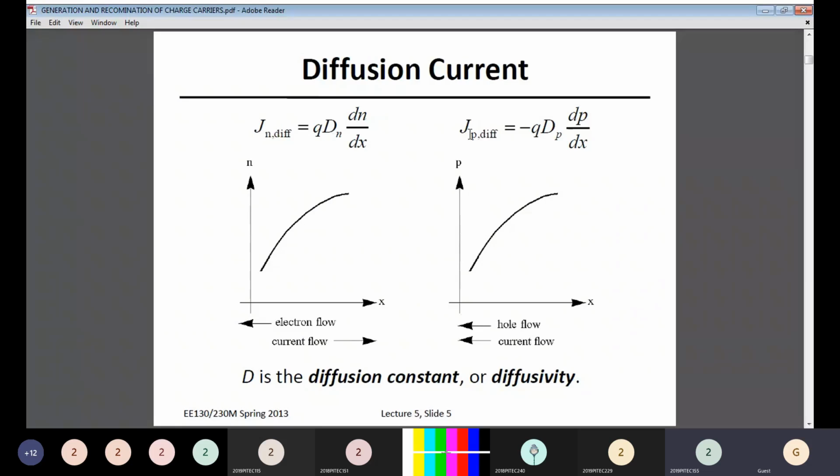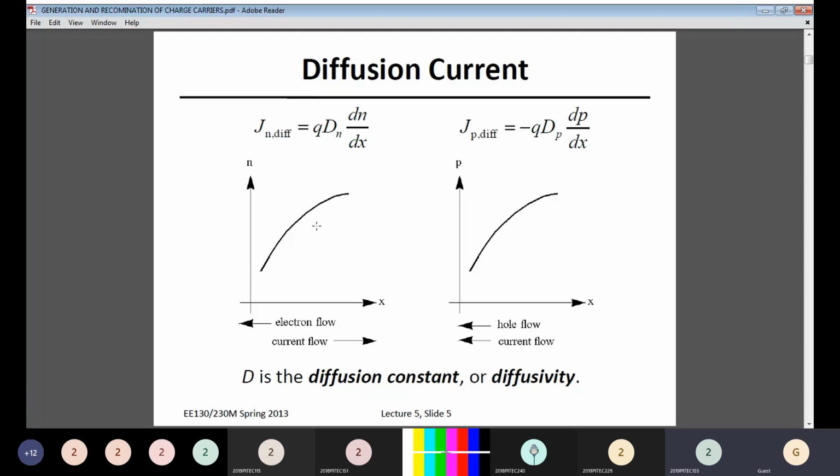Similarly, the current density in the p-type material is denoted as Jp diffusion equal to minus Q Dp dp by dx. Here the minus sign accounts for the opposite charge of the holes compared to the electrons, and Dp is the diffusivity of the p-type region. Jp is the current density of the p region.